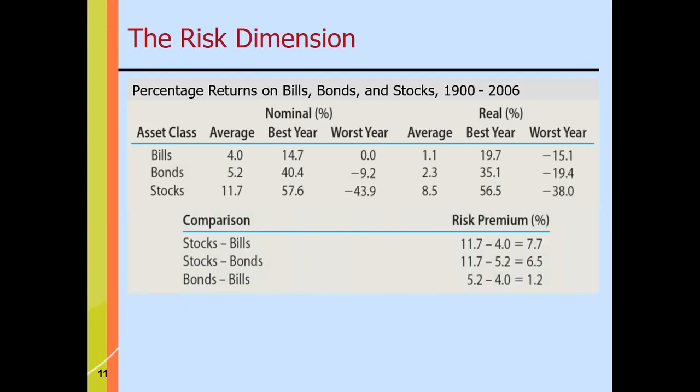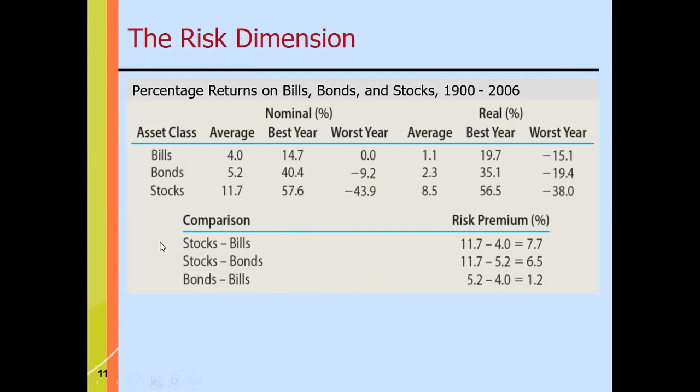Then in terms of the risk premium, which is the difference between our average returns with these asset classes, from stocks to bills, that would be the highest, since in terms of ranking, stocks would be 1, bonds 2, bills 3. So we expect that the margin would be highest compared with stocks and bonds with our 1 and 2.